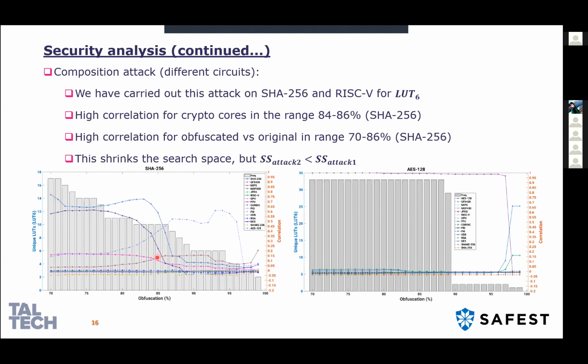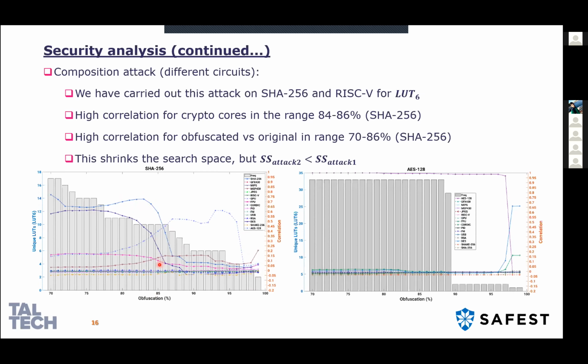There is also a high correlation for crypto cores, DES and SHA, from 70% to around 84%. This has the same behavior, and this will also leak information. Moreover, this line shows a correlation between an obfuscated and a non-obfuscated circuit.